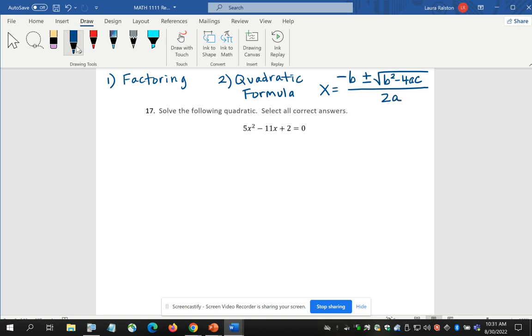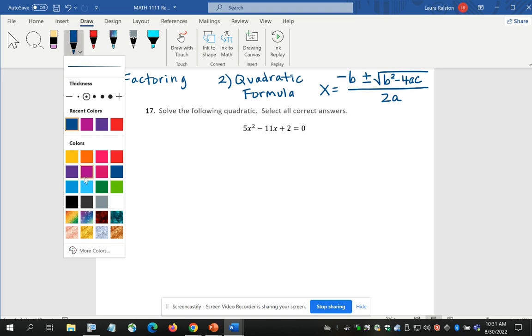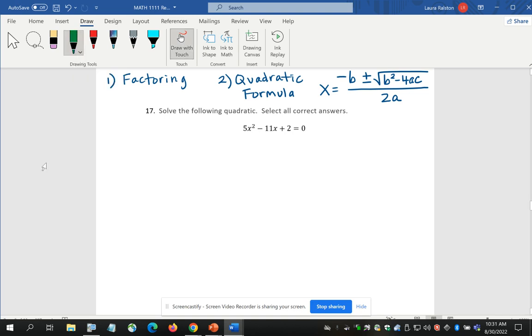Now this first problem, again, it strikes me kind of off, and again, I've been doing this for a while, but it strikes me that I probably can factor this one. Again, just to demonstrate the box method, okay?